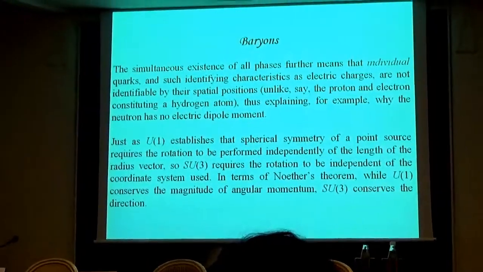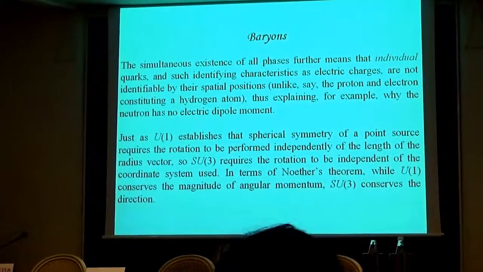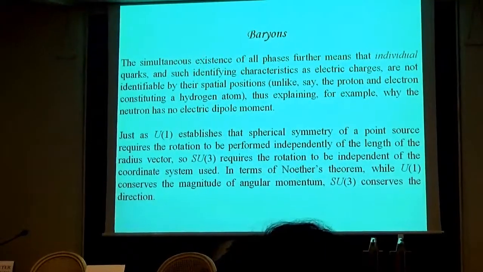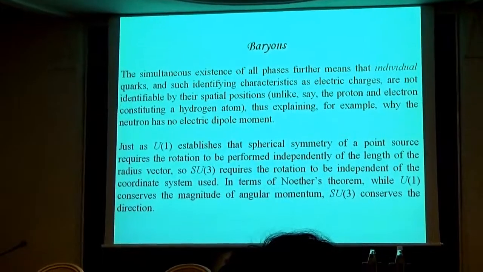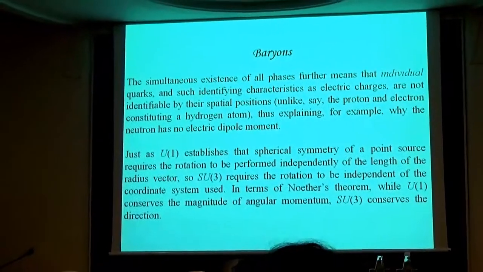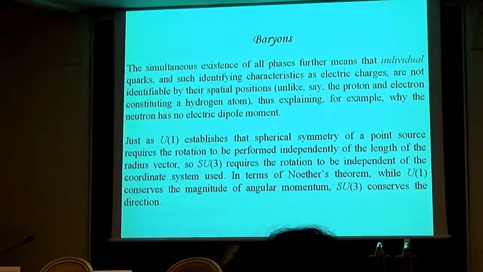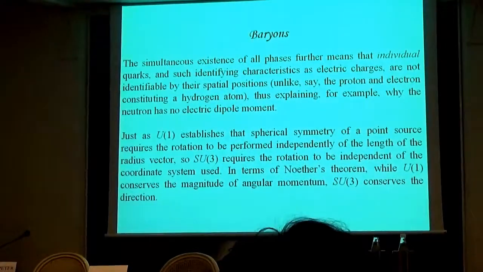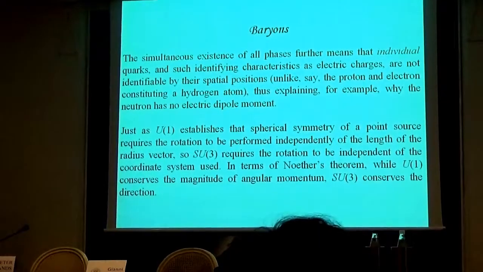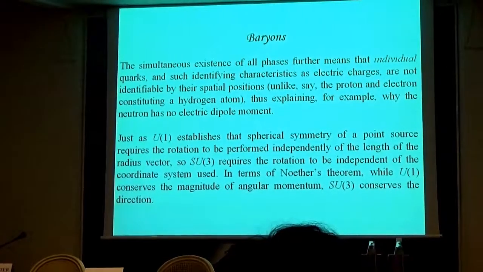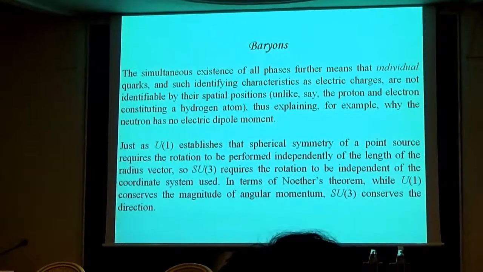So the simultaneous existence of all the phases, those 6 possible phases, means that individual quarks are not identifiable by space positions, even though we can define them in terms of space positions. So SU3 requires the rotation to be independent of the coordinate system used.